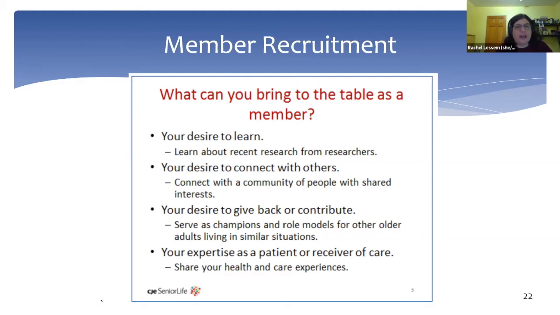But thinking about who should be on your board, about 5 to 10 people, you want to think about a mix of personalities and what voices you want to include, whether it's a mix of genders or ages or backgrounds. As Katie mentioned, mental competency, we can have people with cognitive impairment who are able to participate and give back, so that shouldn't be a barrier.